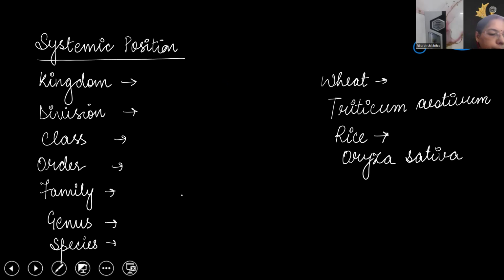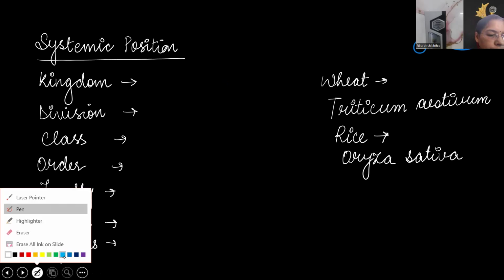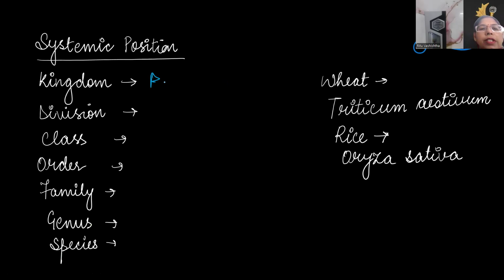Now here, when you talk about kingdom, the kingdom is Plantae, means plant kingdom. Division is angiospermae. In general, algae, bryophytes, pteridophytes, gymnosperms, and angiosperms all come under the kingdom Plantae. Here we are discussing the Gramineae family, which comes under angiosperms.